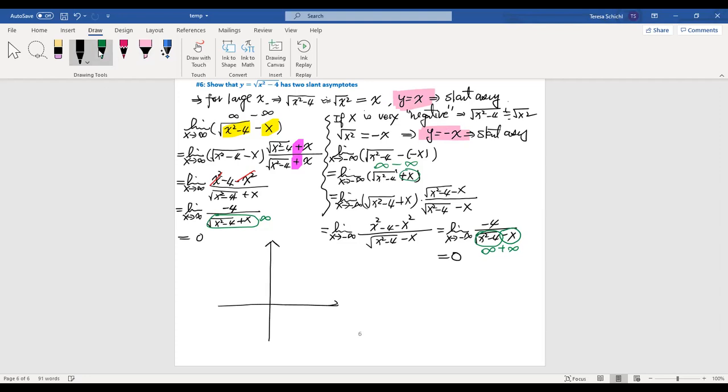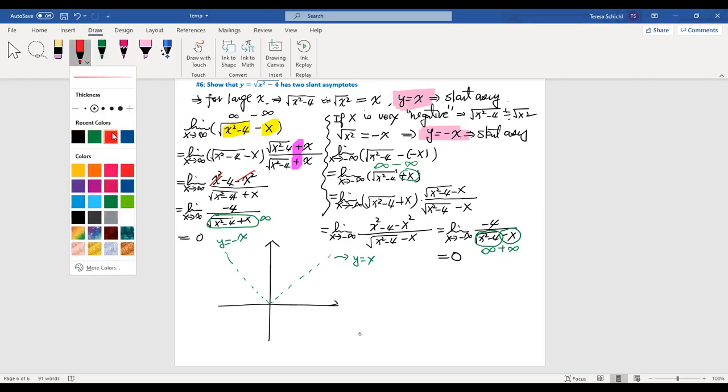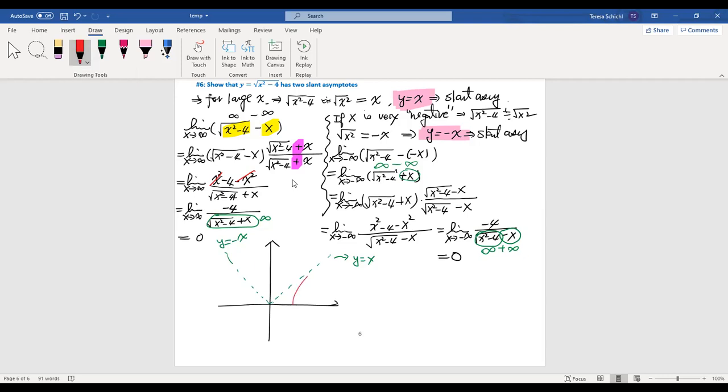So y equals x is this line, and y equals negative x is here. Then if you graph the function, it's going to look something like this.